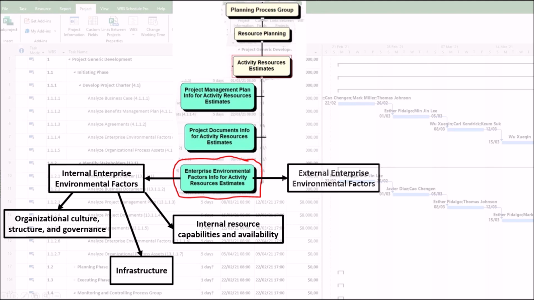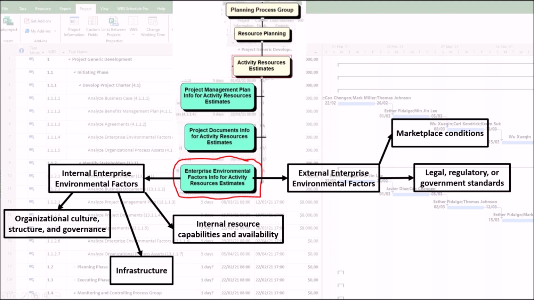2. Regarding external enterprise environmental factors, first, marketplace conditions, such as competition and supplier availability, affects the cost and availability of external materials, equipment, and contractors. Second, legal, regulatory, or government standards may dictate required certifications, safety standards, or environmental regulations that impact resource choices.